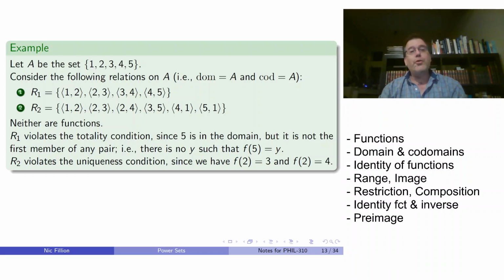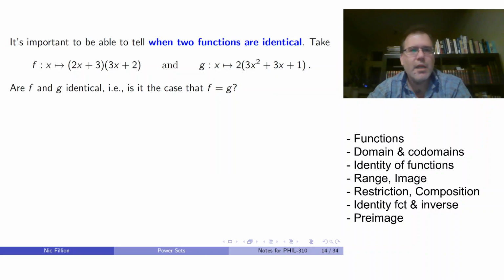So R2 fails to satisfy uniqueness. Okay, so that example is meant to show R1 fails to satisfy totality and R2 fails to satisfy uniqueness. So this is a good way of thinking about it for the simple cases where the domain and the codomain are very small. So we can just list everything.